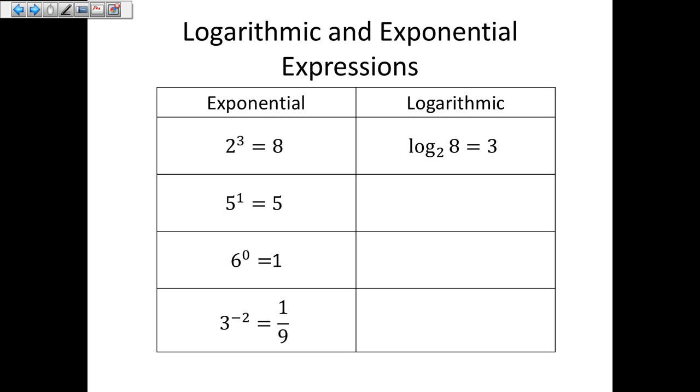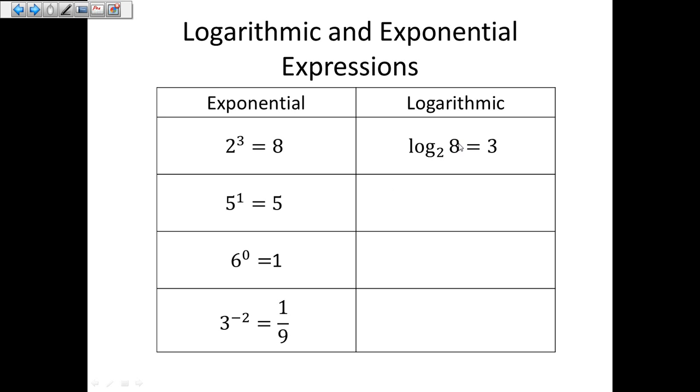So 5 to the first power equals 5. As a logarithmic expression, let's compare to the exponential expression above it. The 2 becomes the base on the logarithm. So what number is in the same spot? Well, this 5 is in the same spot as the 2, so this 5 becomes the base on our logarithm.